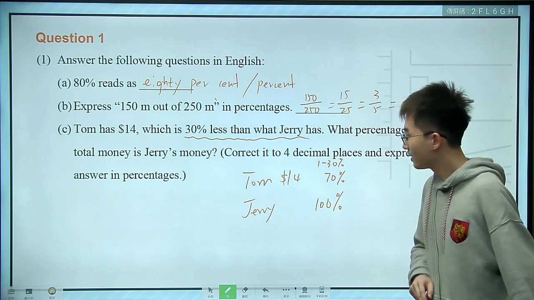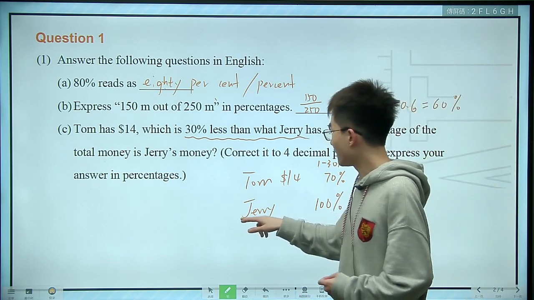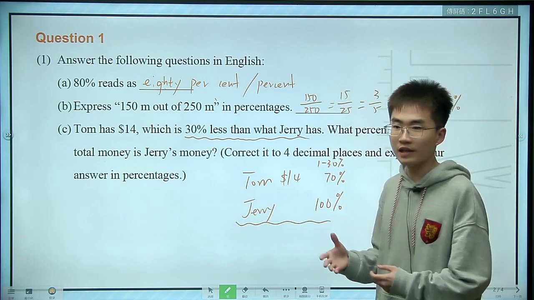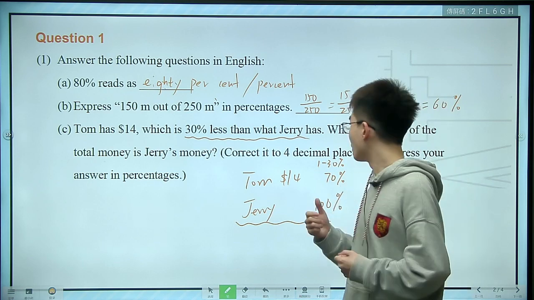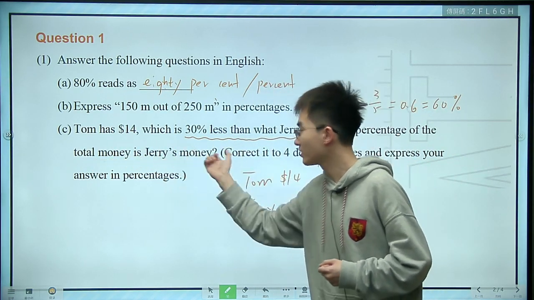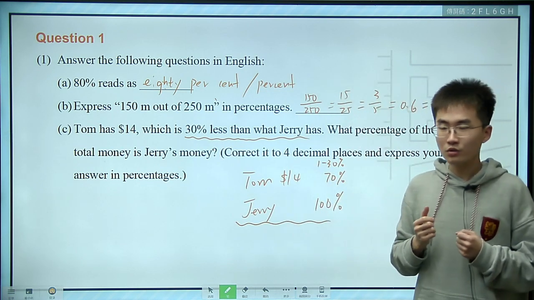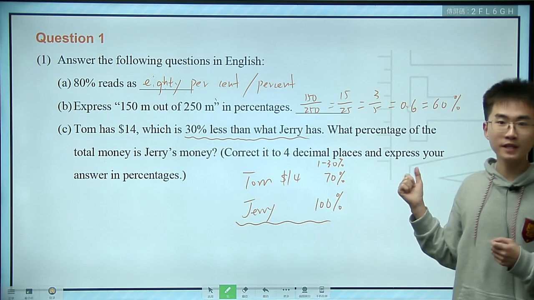Normally students will try to figure out Jerry's money first and then add them together, and you will finally get the percentage of the total money that is Jerry's money. But I'll teach you a method where we can avoid all this complicated calculation.